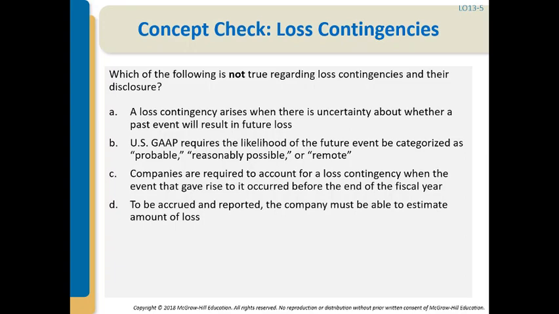That's true. US GAAP requires the likelihood of the future event be categorized as probable, reasonably possible, or remote. True. Companies are required to account for a loss contingency when the event that gave rise to it occurred before the end of the fiscal year.